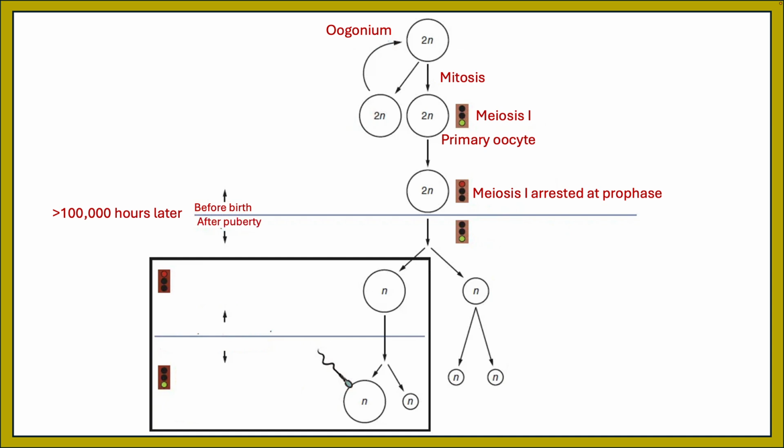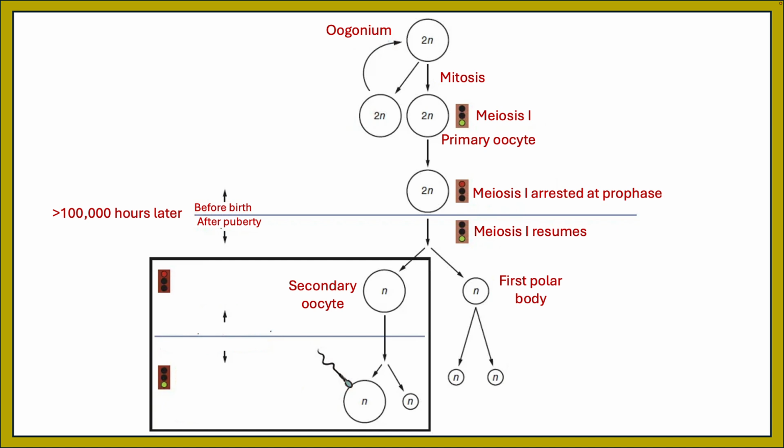After puberty, you have meiosis 1 continuing, where you have the secondary oocyte being produced. The secondary oocyte is then haploid, so meiosis 1 has completed, and you now have cells that lack homologous pairs, and so they have sister chromatids present.